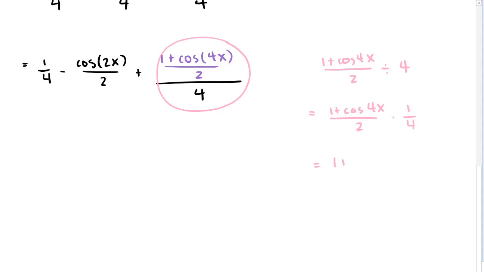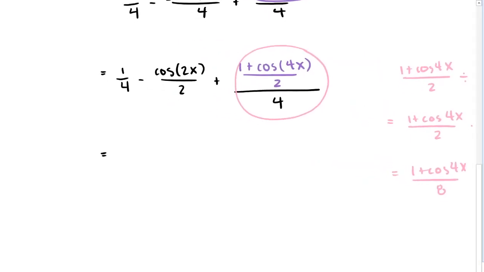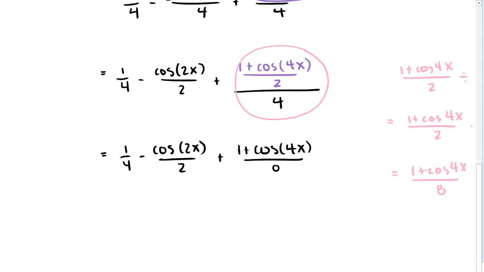We would just multiply the numerators, multiply the denominators, and we get 8 in the denominator here. And so there we have it. Our final expression is 1/4 times the quantity 1 minus cosine of 2x over 2 plus 1 plus cosine of 4x all over 8.